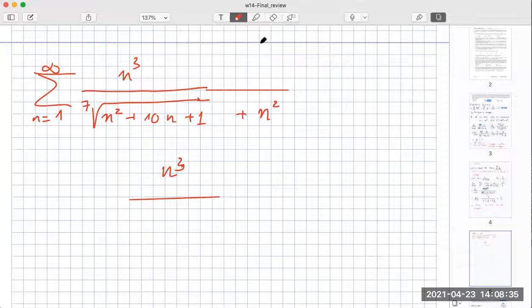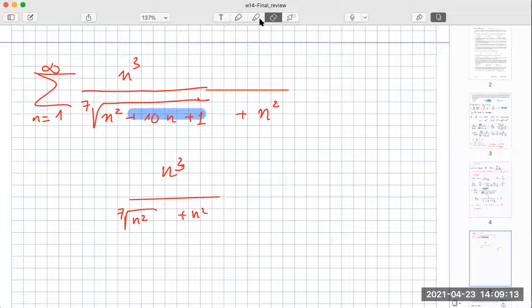Remember, at infinity, when n is very big, this term becomes very small compared to n squared. That is why the highest degree inside the radical should be the seventh root of n squared, plus n squared.